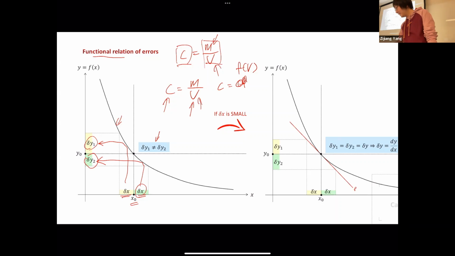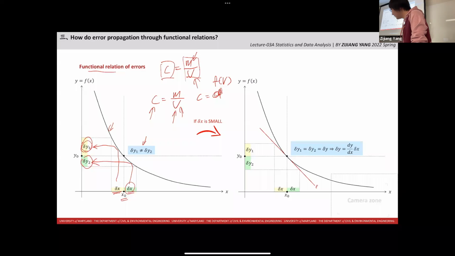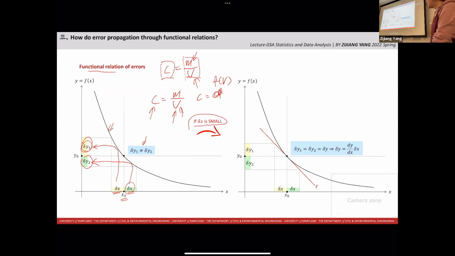In this case, it will be a little bit complicated because if they are not equal, then we have to use some other techniques to express this uncertainty, which is very inconvenient. So in practice, we can assume delta x is small. In other words, we can assume the measurement error of our instrument is relatively small.